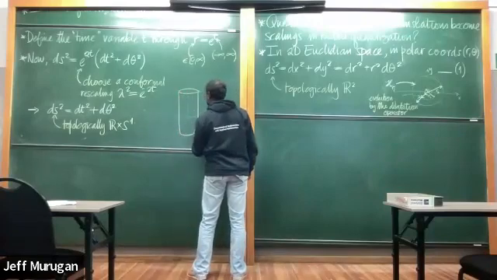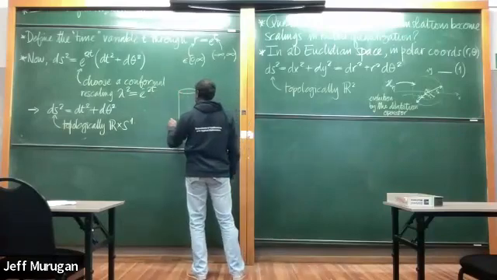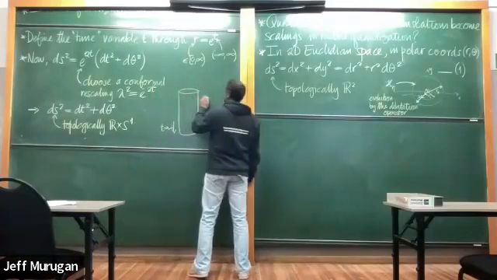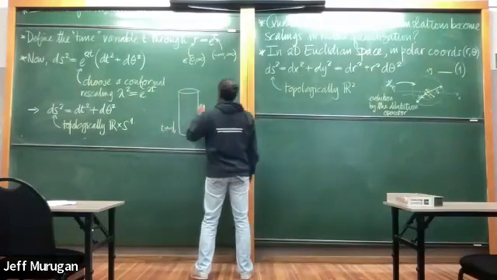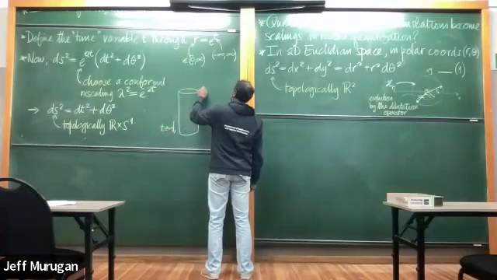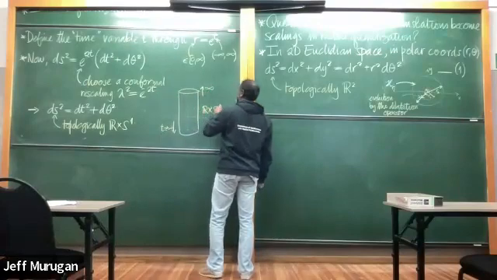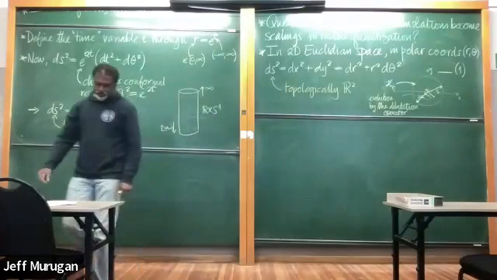Whereas r goes from 0 to infinity, t goes from minus infinity to plus infinity along the cylinder.